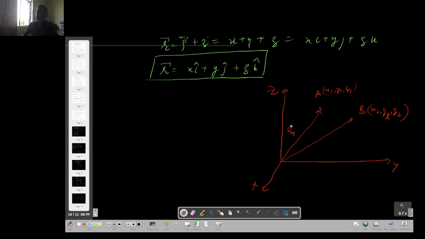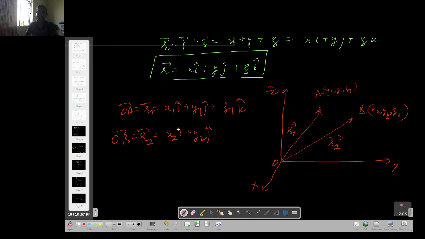Let me call these r1 vector and r2 vector. OA vector, which we call r1 vector, can be written as x1 i cap plus y1 j cap plus z1 k cap. Similarly, OB vector can be written as r2 vector, equal to x2 i cap plus y2 j cap plus z2 k cap.